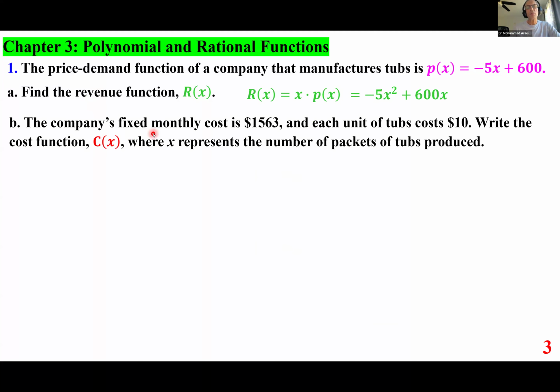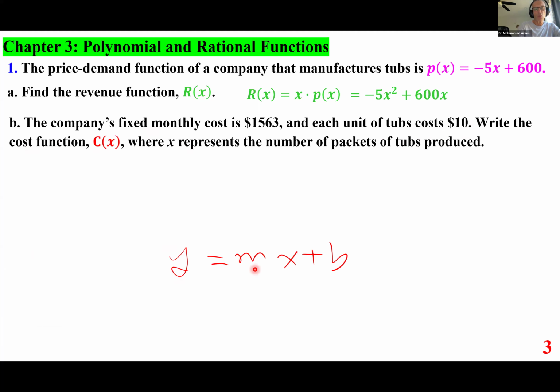The company's fixed monthly cost is $1,563, and each unit of tops costs $10. Write the cost function C of x, where x represents the number of packets of tops produced. In general, we are looking at the concept of y equals mx plus b, where here y or f of x is C of x.